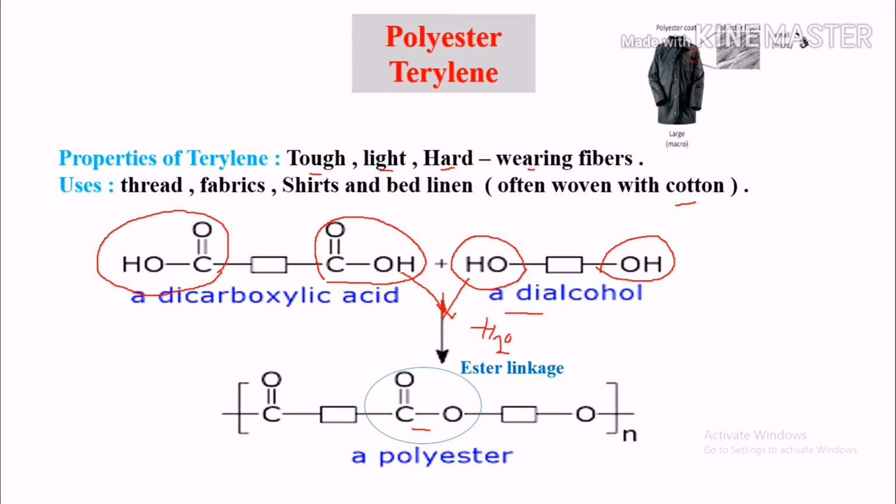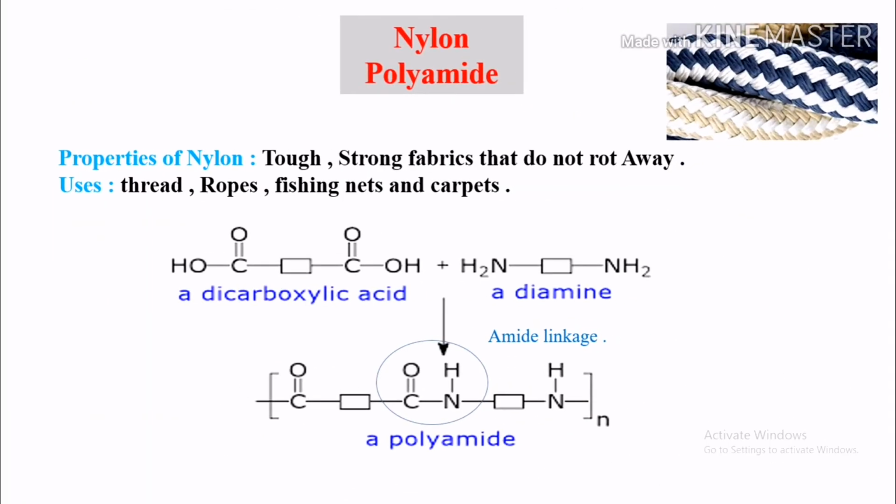The ester linkage, C double bond O, O, forms as we remove one molecule of water. So we have the ester linkage, and our new compound is known as polyester. Between brackets, we will draw our functional group and the rest of the compound, and we have n number of molecules. So it is the way of drawing the structure of polyester or Terylene, used for making clothes.